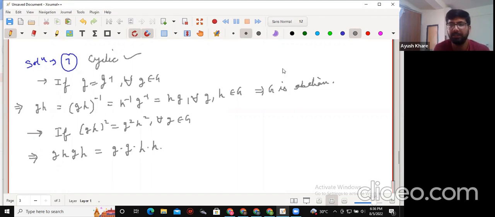Use cancellations, the right and left cancellations. So this g will be cancelled out with this g, and this h will be cancelled out with this h, right? So this implies again hg is equal to gh for all g, h in G, and thus your G is abelian.